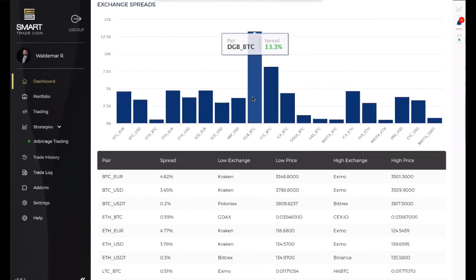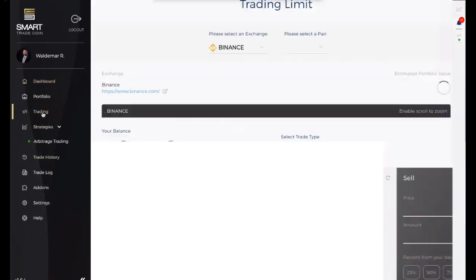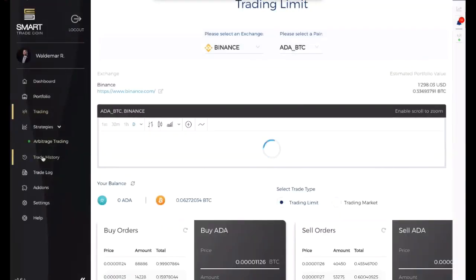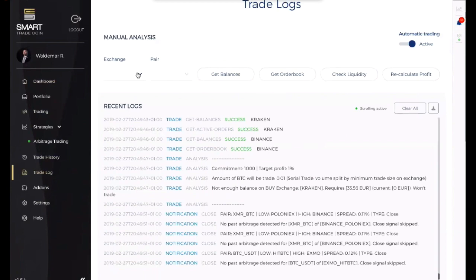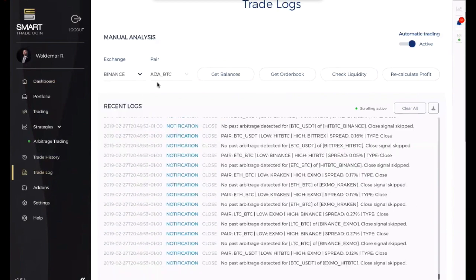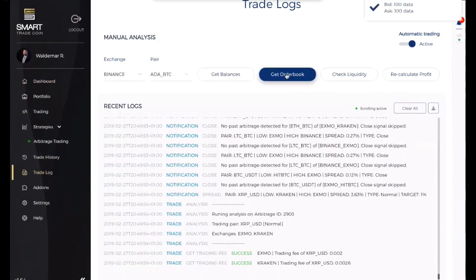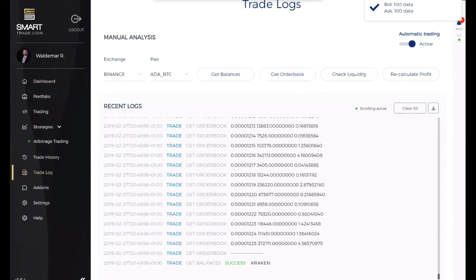You choose this pair, here for example ADA, and look at whether there are any orders to buy and sell on this exchange. I can see liquidity here too, for example. Before investing in any pair you need to understand if there is a real market there or if it is just a pump.